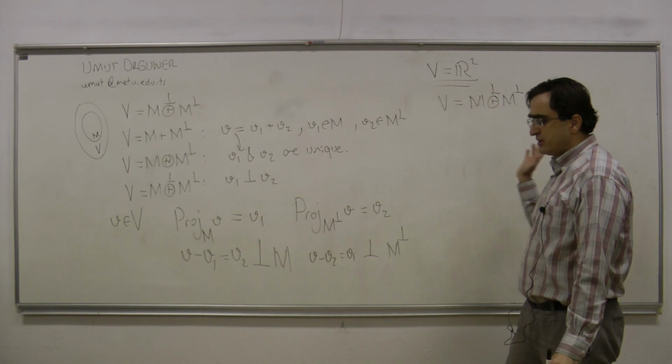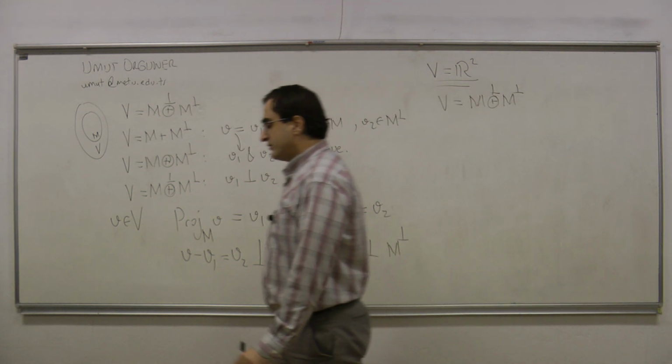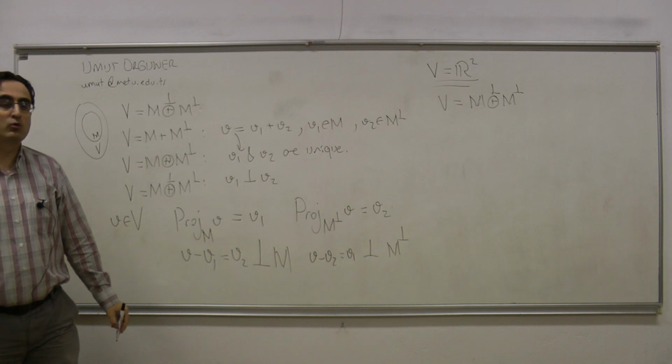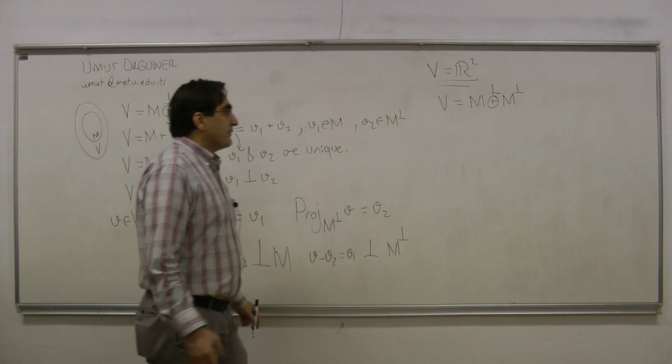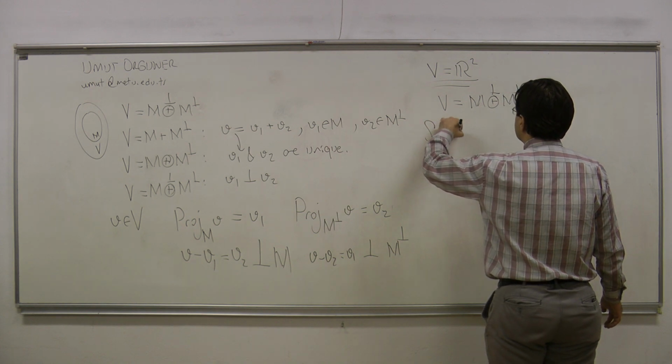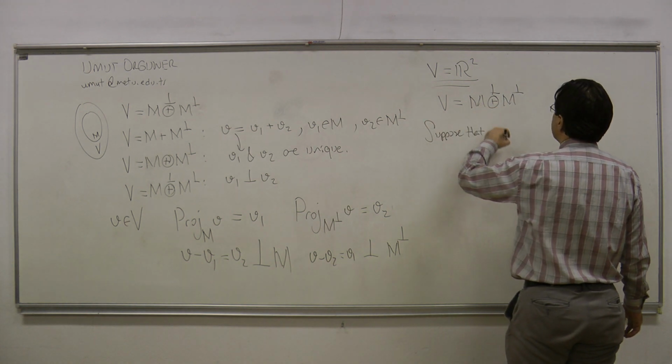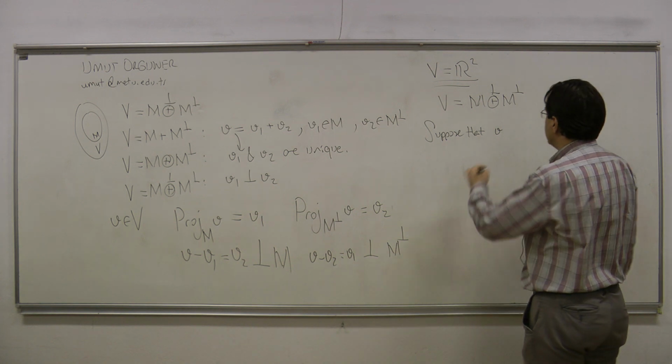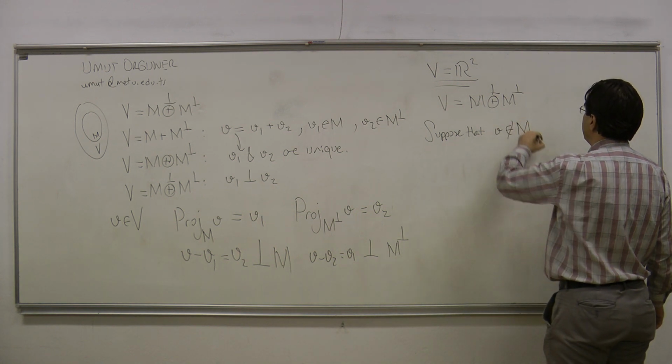Here orthogonality will not be important actually, but still let us say that this is an orthogonal direct sum decomposition. Then I will ask you the following. Suppose I have a vector V which is not inside M.